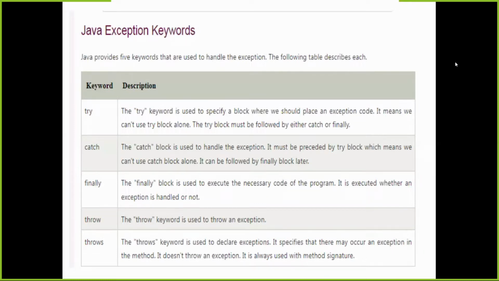But if you are putting a finally block, there will be a catch block, and then there will be a finally block. Finally block. It is used to execute the necessary code of the program. It is executed whether an exception is handled or not.